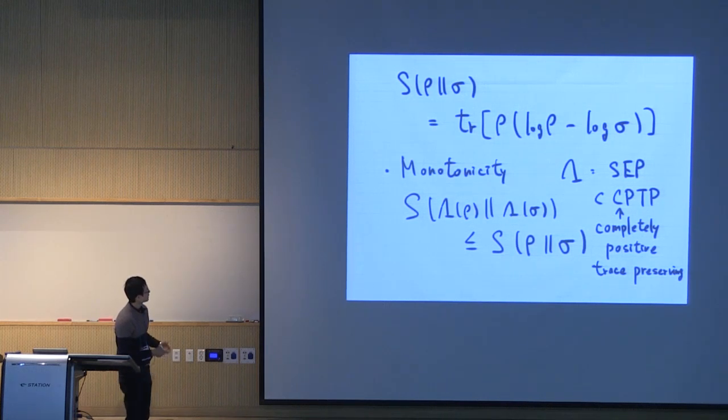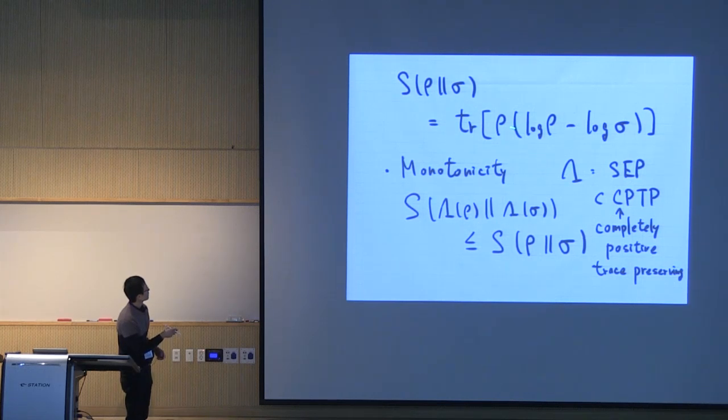Because after performing some operation, suppose that the trace of rho is normalized to be 1, and then you want to keep the total probability to be 1 even after the operation.